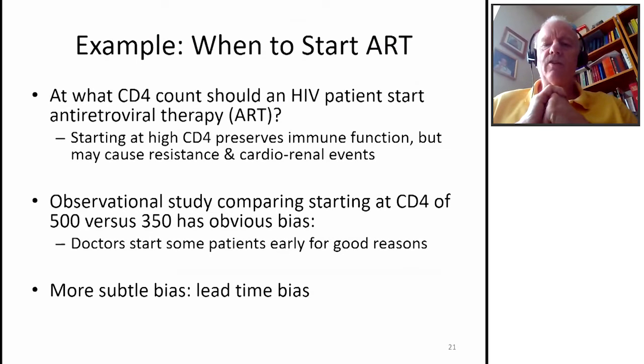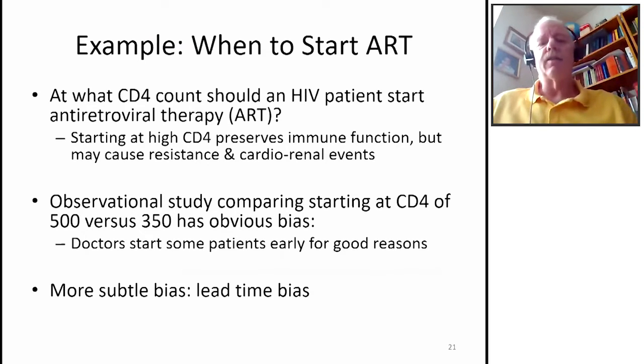Next example is when to start antiretroviral therapy. This is for people who have HIV, and HIV kills CD4 T cells, these so-called helper T cells. And so there was an open question about when you should start antiretroviral therapy.